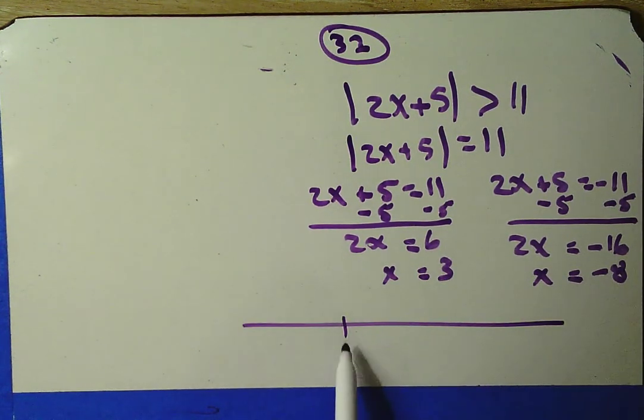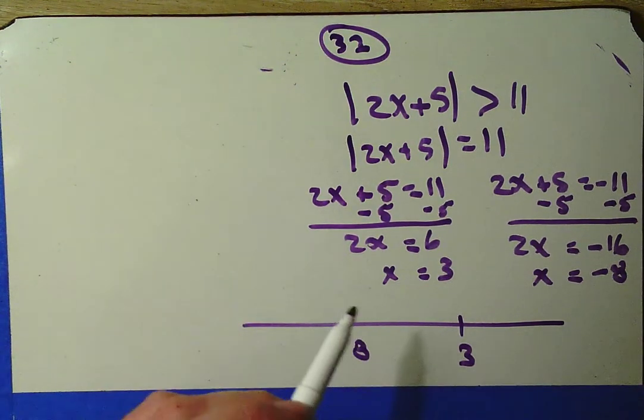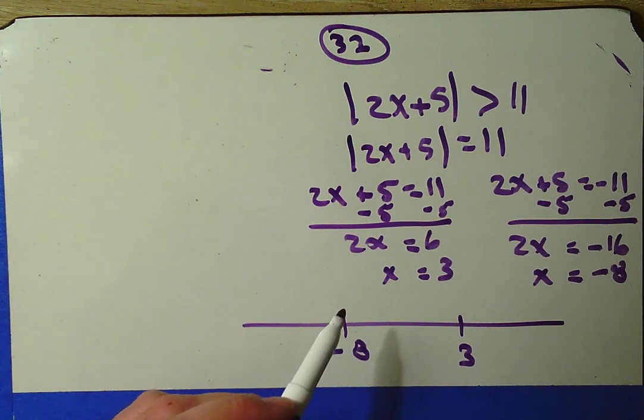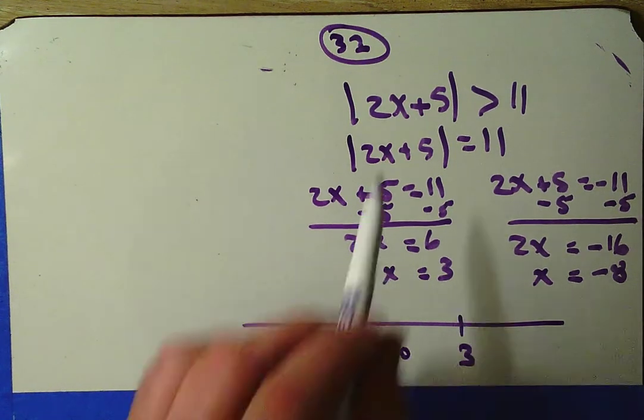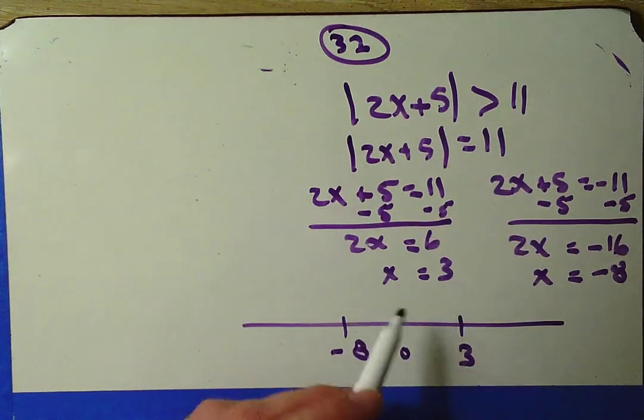Well, those are my two critical points. If I put those critical points on a number line and test the intervals, let's see what I get. If I plug in a 0 into the original inequality, I get 5 is bigger than 11.